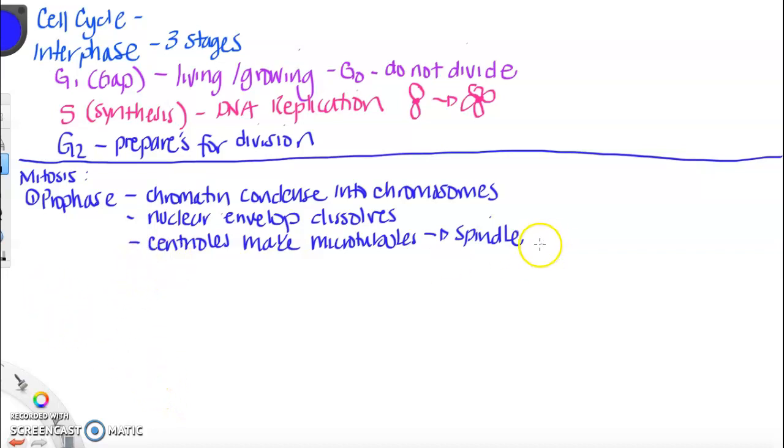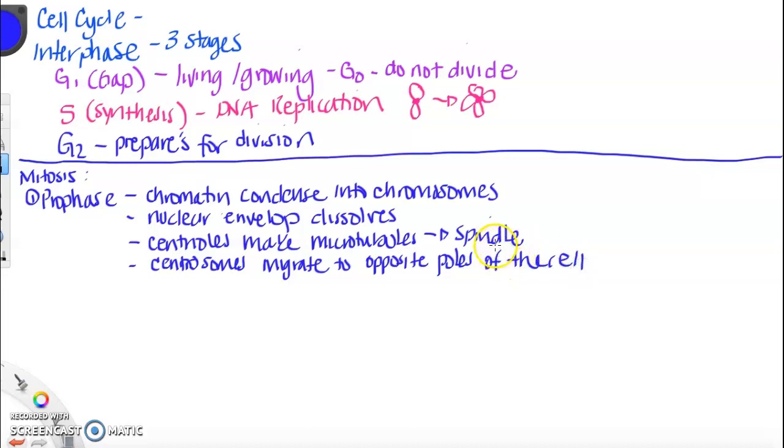So the centrosomes migrate to opposite poles of the cell. Okay, so that's all of prophase.